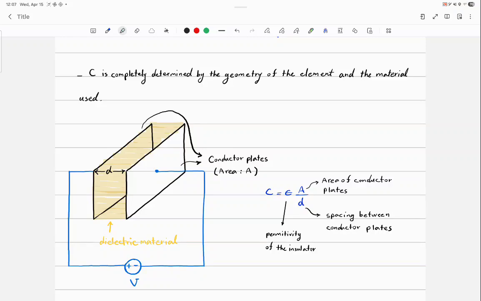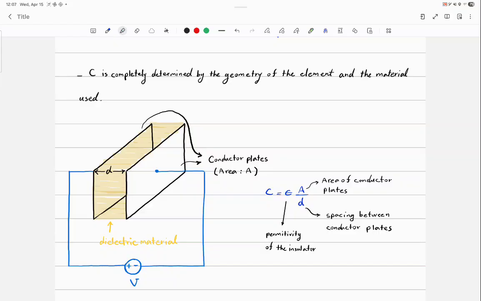If you have the cross-sectional area of the conductor plates, the distance between them, and also the material that is covering the spacing between them, then you can find the capacitor value. Epsilon in that equation is called permittivity. Where it is coming from is well beyond the scope of this course, and usually this equation is not given on the exam.